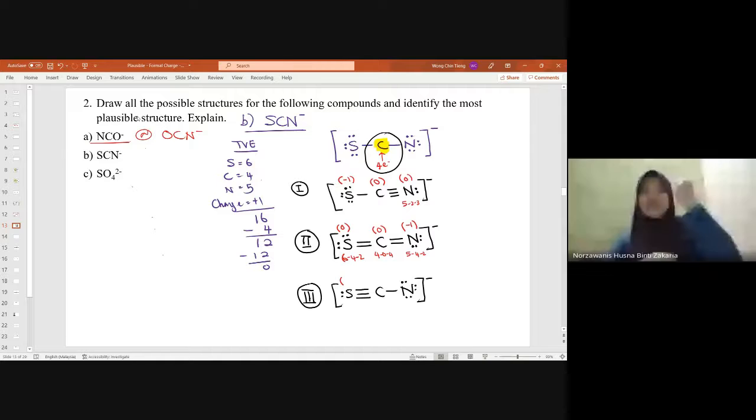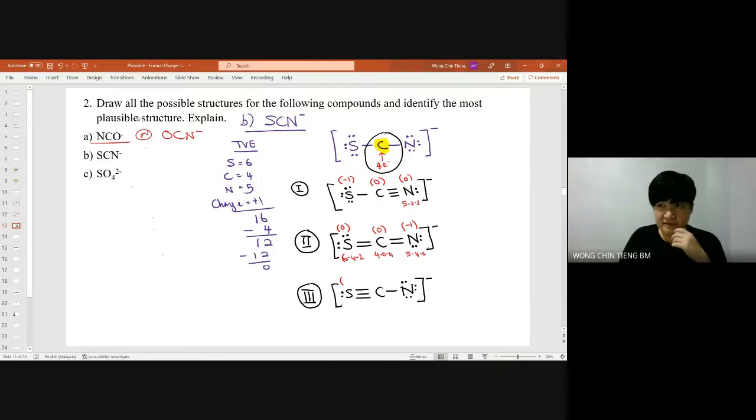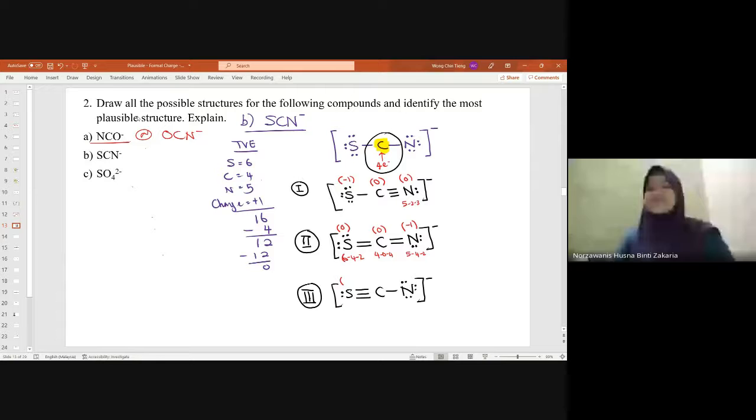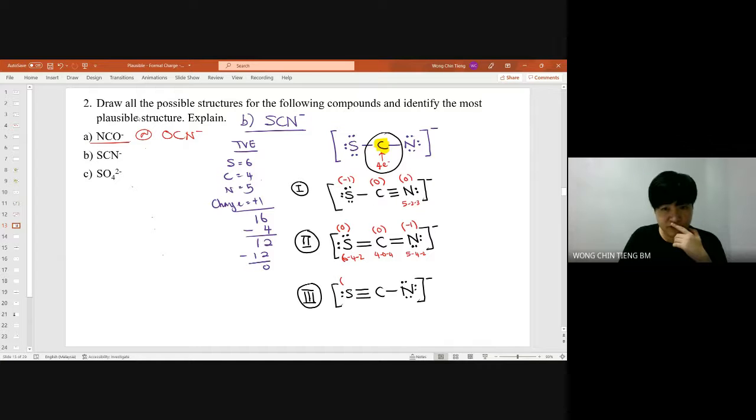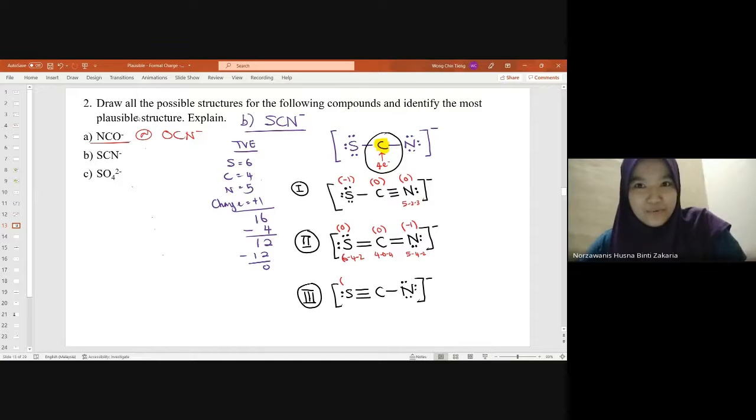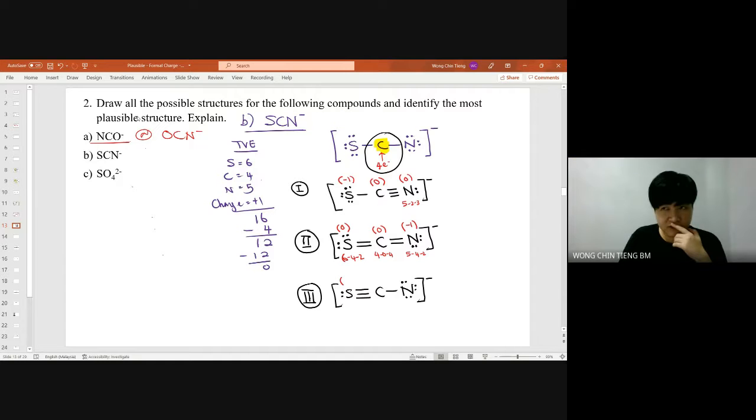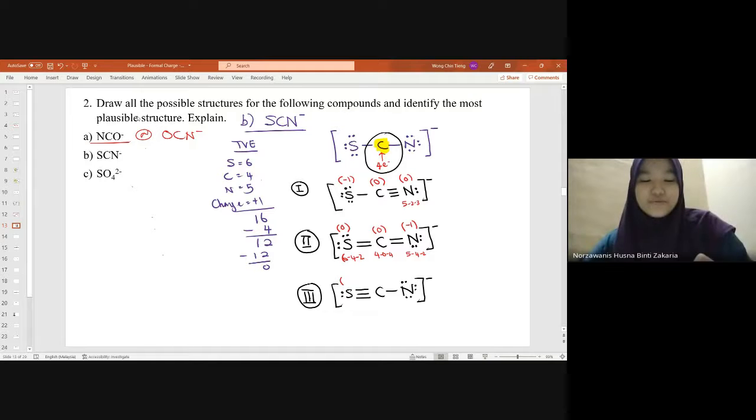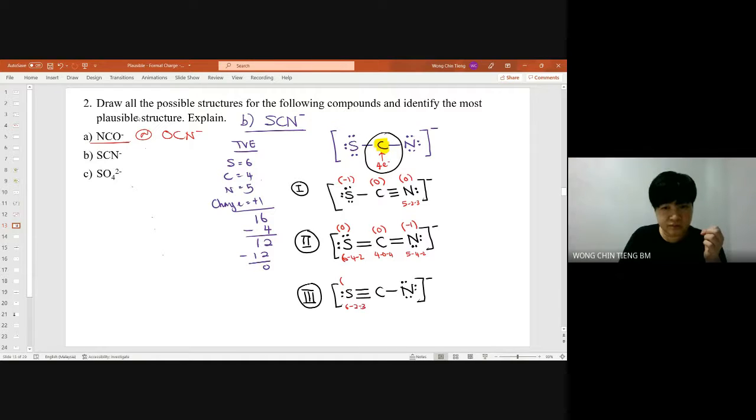Zawanis? Pakai earphone dia tak dengar. Boleh, dah dengar dah. Okay. So apa dia tadi? Formal charge untuk sulfur? Sorry, the third structure. 6 minus 2 minus 3, positive 1.